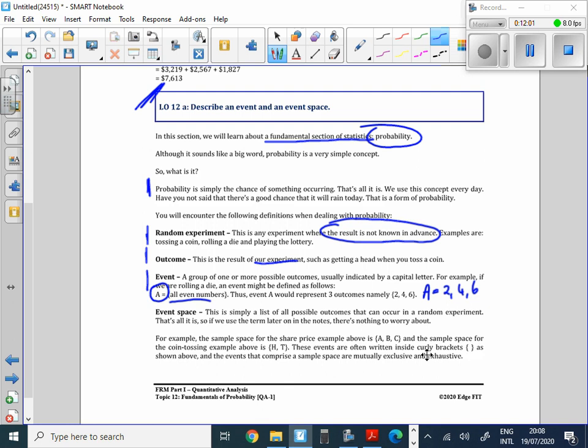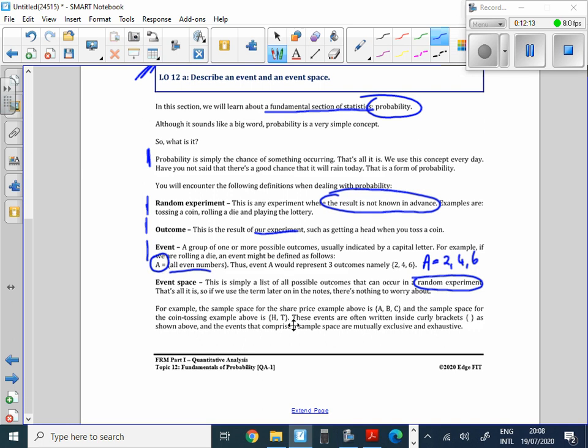The event space, that's the space within which the events work, all the possible outcomes that could occur in a random experiment. So say, for example, I'm looking at rolling a dice, and when I roll the dice, I can get a 1, a 2, a 3, a 4, a 5, or a 6. So first of all, is that a random experiment?